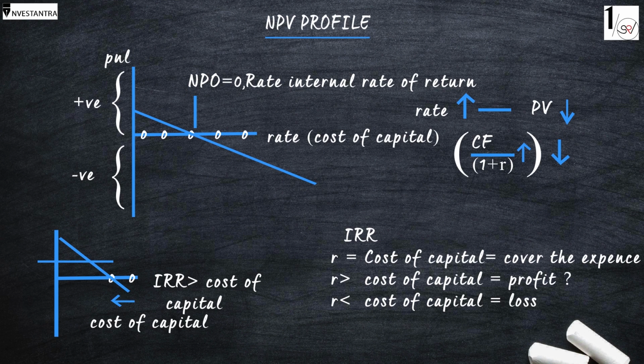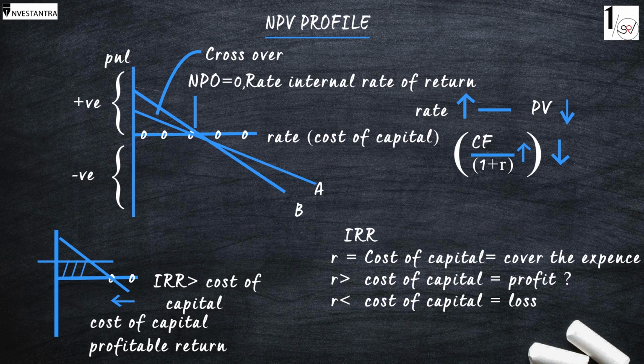At any rate below that, NPV is greater. That means the cost of capital may be somewhere over here. That means this much part is actually a profitable return, because I'm covering the cost of capital when the NPV is here. This extra part is profit, because the IRR is greater than the cost of capital.